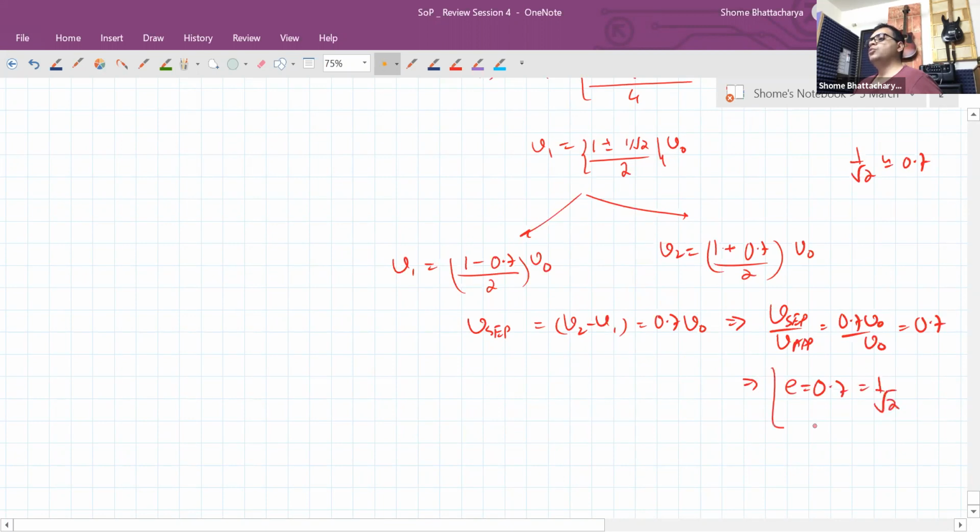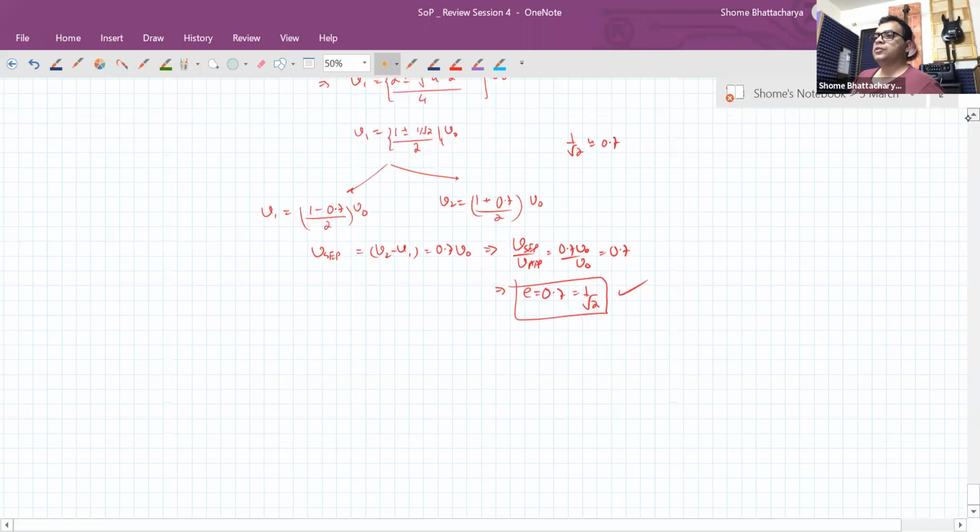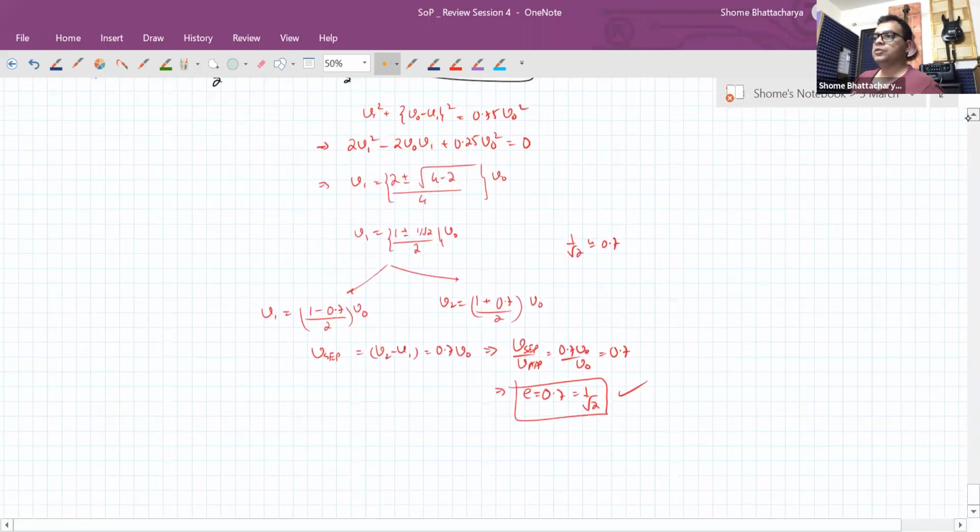So 1 by root 2 or 0.7, that is the coefficient of restitution. So this becomes another way of approaching this type of problems.